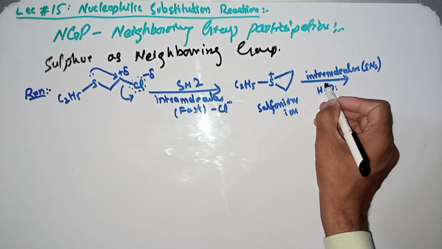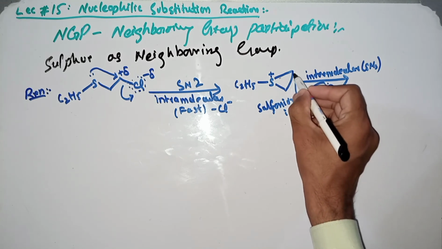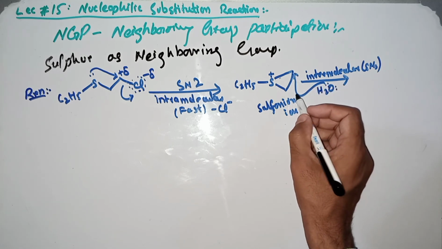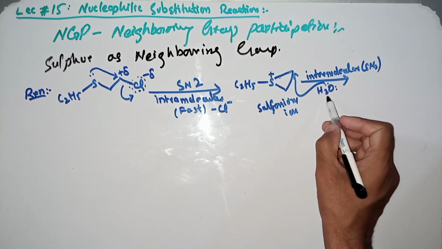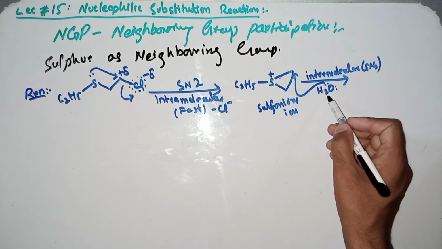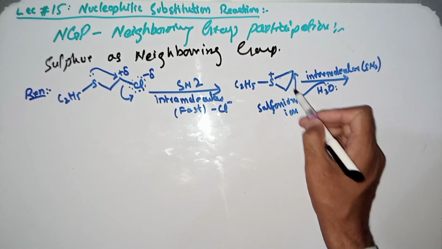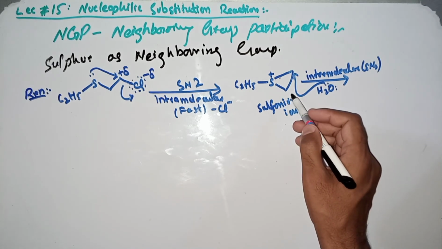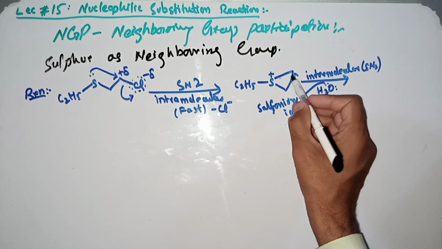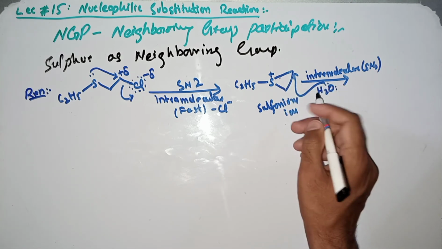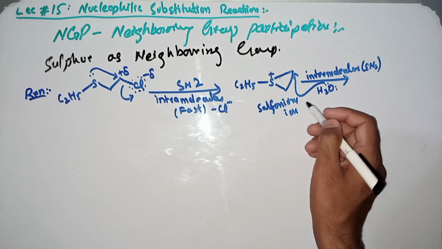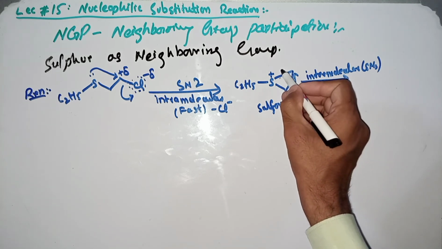So here, the lone pair of this molecule will attack this carbon, which has a positive charge. This nucleophile can attack this carbon as well as this carbon, and on both carbons it can attack and give a stable product.